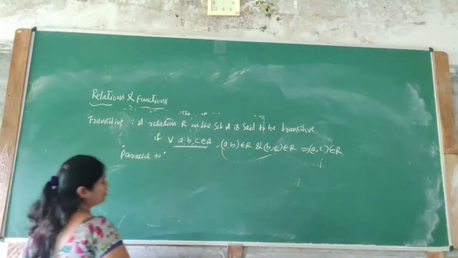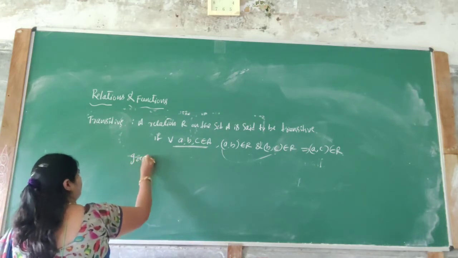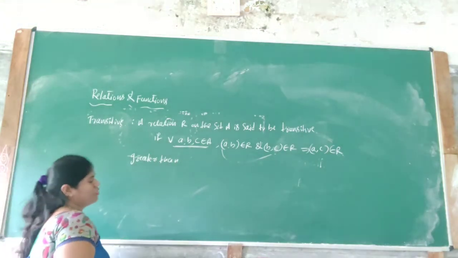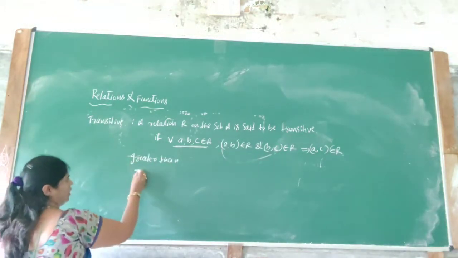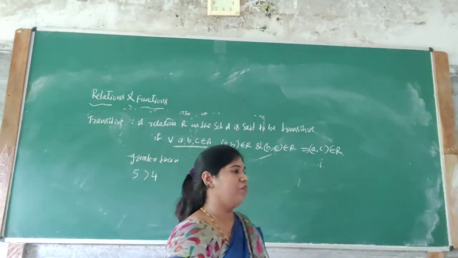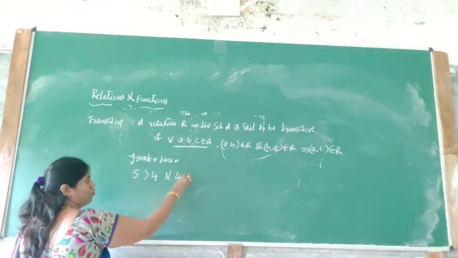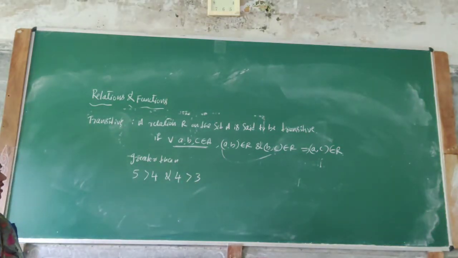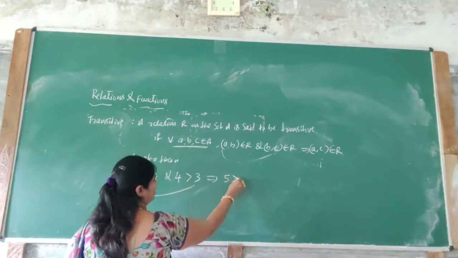Greater than is also a transitive relation. For example, if 5 is greater than 4 and 4 is greater than 3, implies what should we write? 5 is greater than 3.